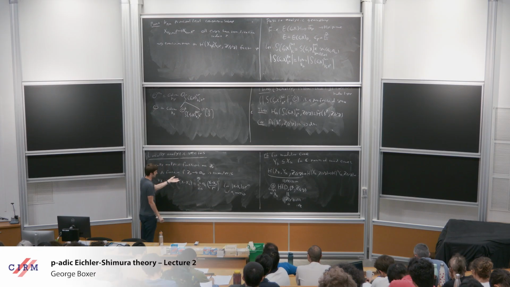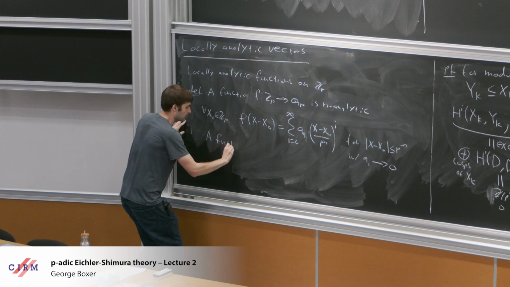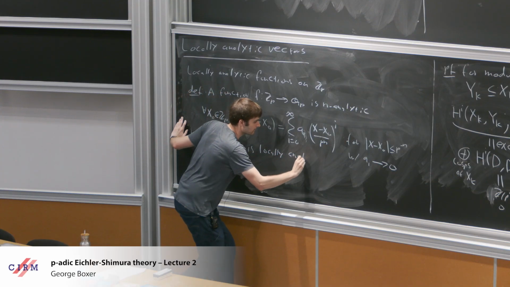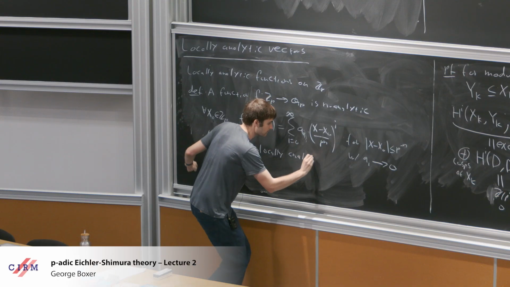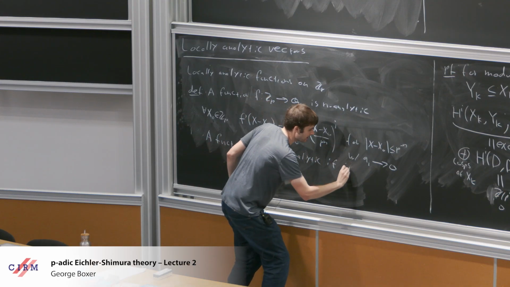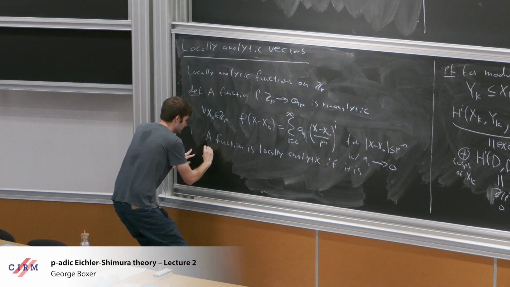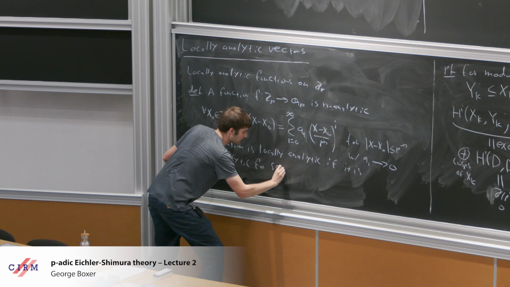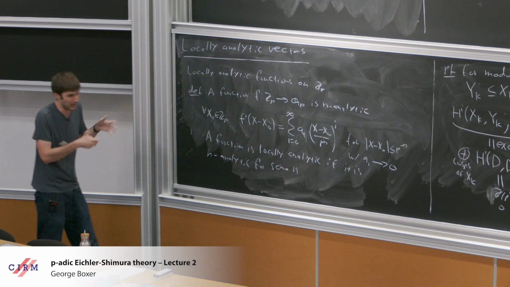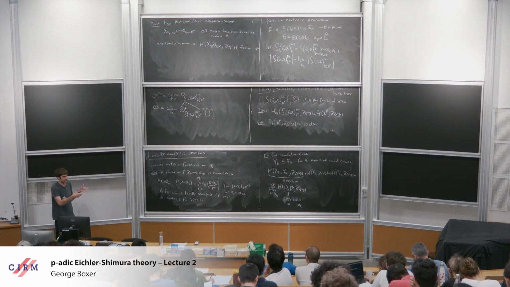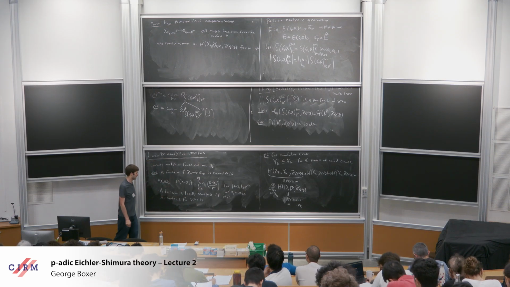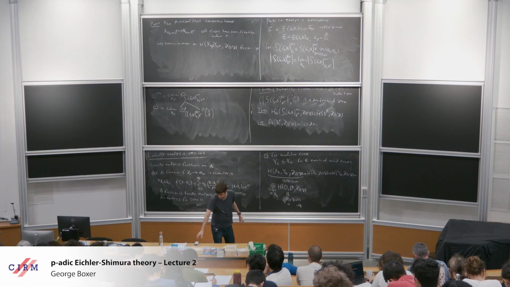And so a function is locally analytic if it is n-analytic for some n. In fact, since Z_p is compact, it's really the same as saying that for every point, it's given by a power series in some neighborhood of that point.